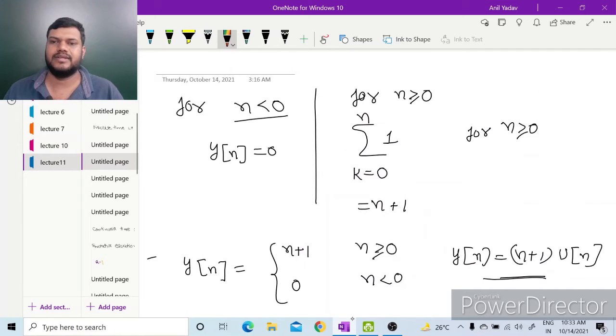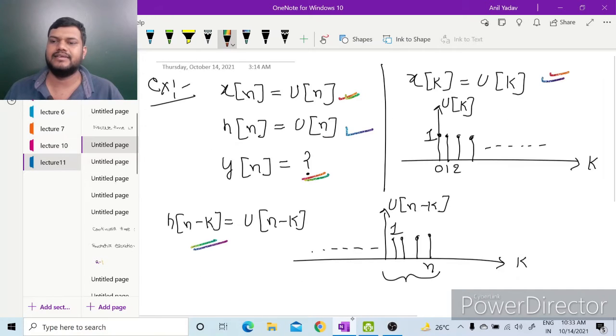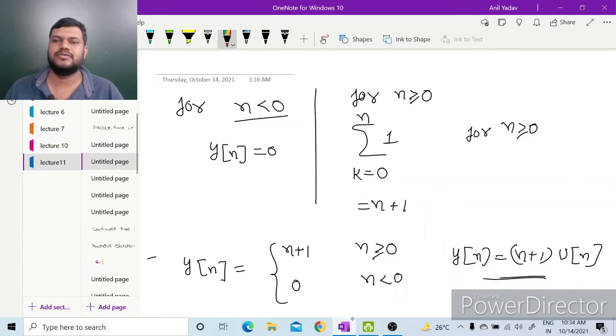As we know, if n is less than 0, then u[n minus k] will be nonzero only for negative k, and the product of x[k] and u[n minus k] will be 0. So for n less than 0, y[n] will be 0.